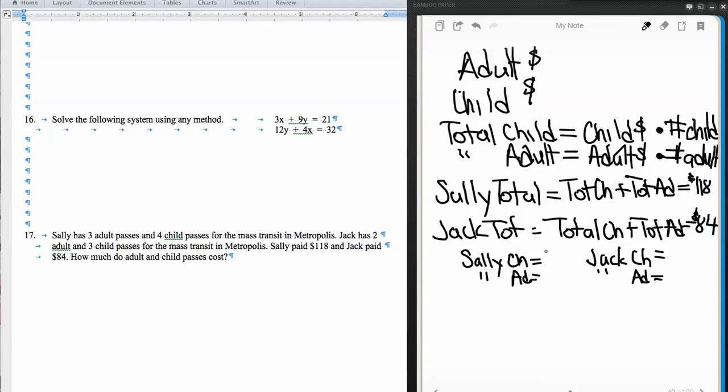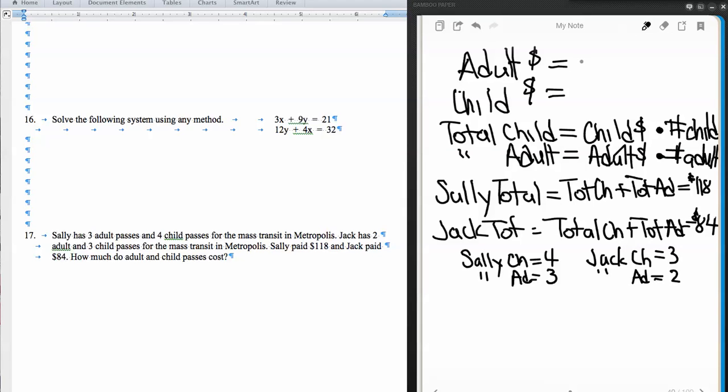So child for Sally was 4, and adult was 3, and for Jack, he had 2 adults, and he had 3 child passes. So Sally's total, the total of the children, was how many children she had times the price of the child's pass.